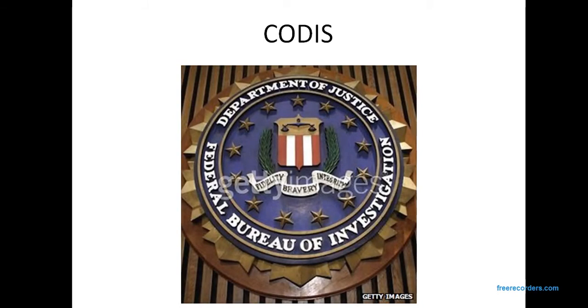What is CODIS? Well, I'll tell you what CODIS is. CODIS is the Combined DNA Index System. Combined meaning it is the National DNA Index System and the State DNA Index System combined.